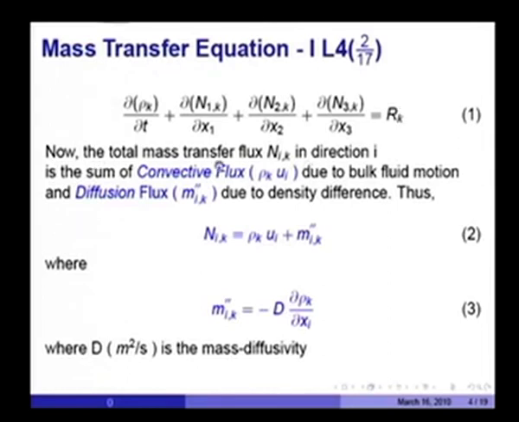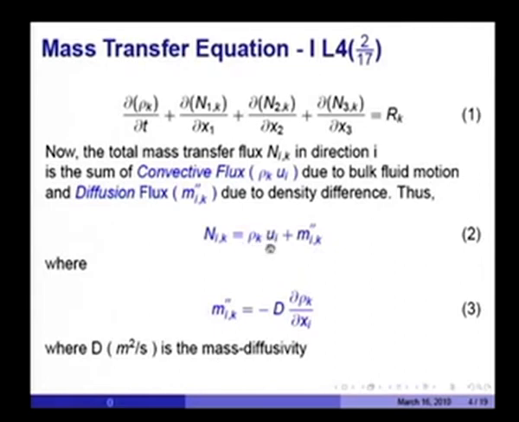Now, the total mass flux n i k in direction i is the sum of the convective flux due to bulk fluid motion and diffusion flux m double prime i k due to density difference. Thus, n i k is represented as rho k u i plus m double prime i k.